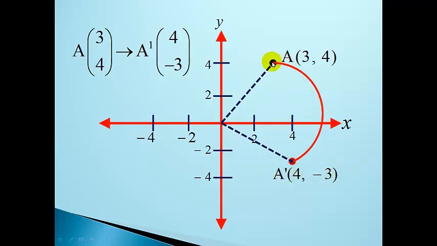So now when you rotate the point A(3, 4) under clockwise 90 degrees, we have the image A prime (4, minus 3) as seen on the graph, and the angle is 90 degrees because we are rotating this point through clockwise 90.